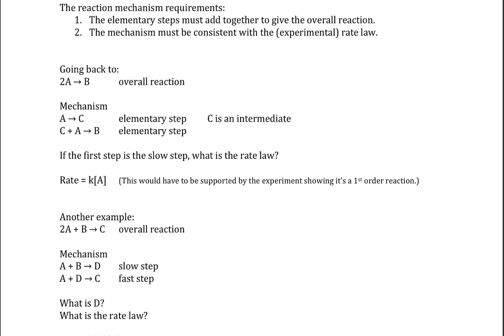Requirement 1 is that all the steps in the mechanism must add up to give the overall reaction. So if we look at our mechanism, A yields C, C plus A yields B, we add those two together, the C cancels out, the A adds together, so we have 2A yields B. Yes, it's consistent with our overall mechanism.